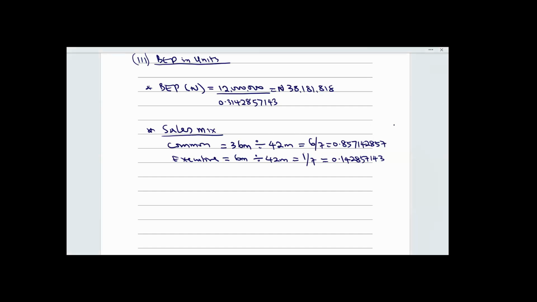Then after the sales mix, we need to calculate the break-even point in Naira and units. Of course, create a column for the products, sales mix, then break-even points in Naira, selling price, break-even points in units.